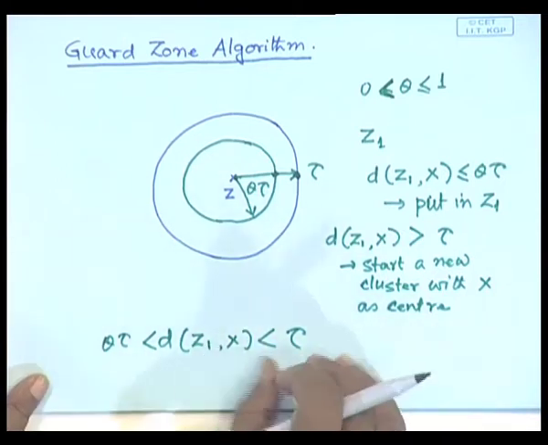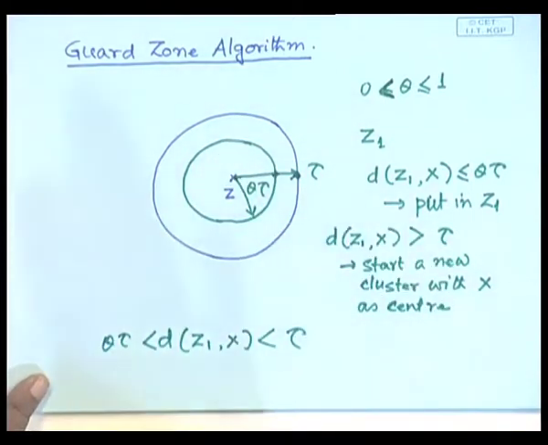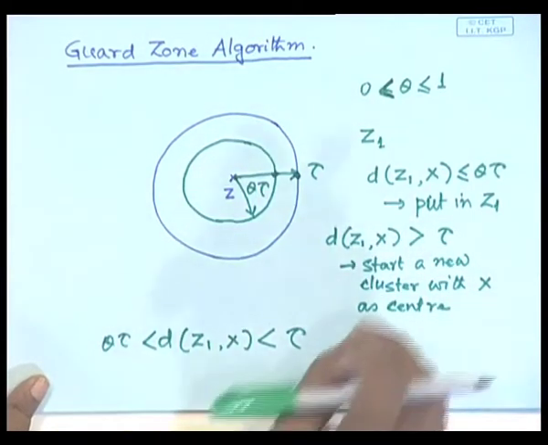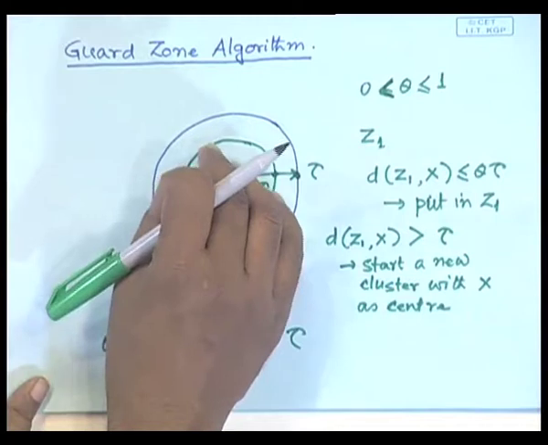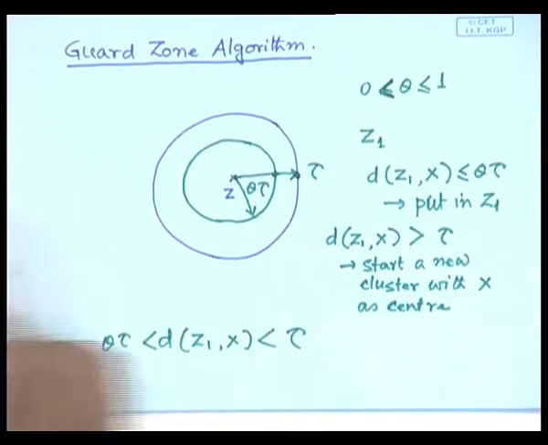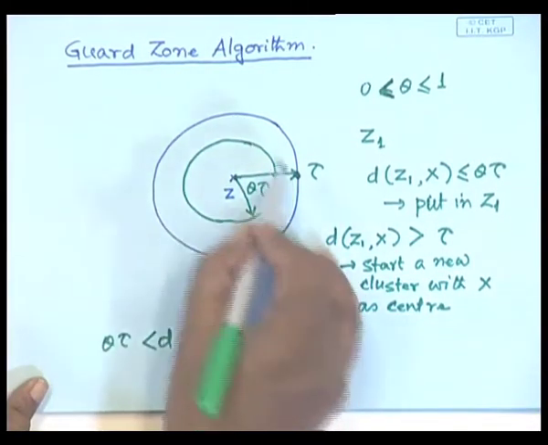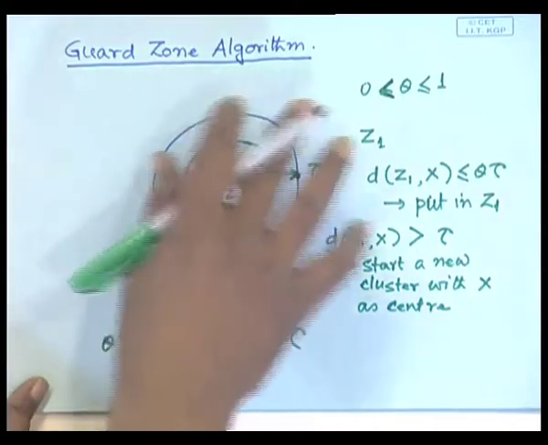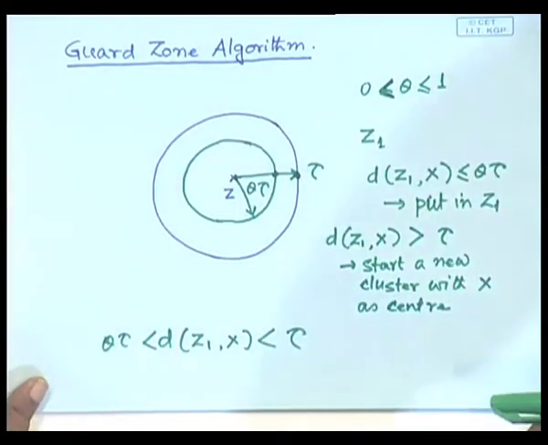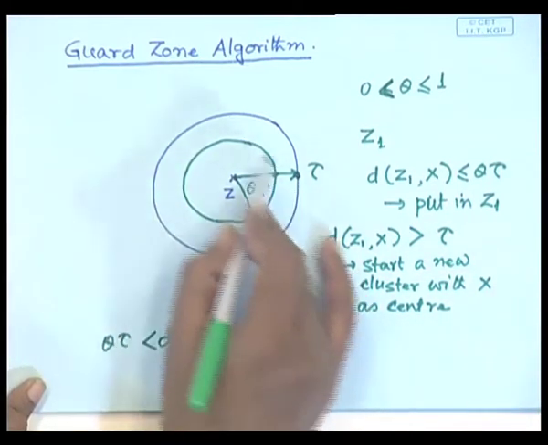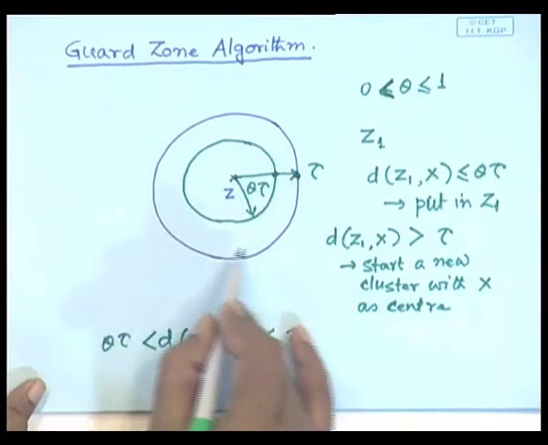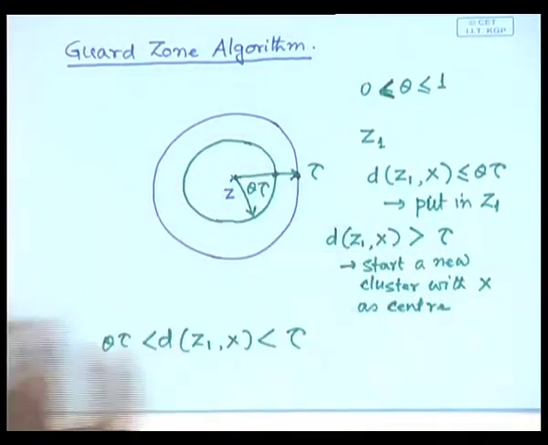Okay. So, like this, when all the feature vectors are considered, some of the feature vectors will be put into some of the clusters, and some of the feature vectors will be in what is called the guard zone of other clusters which are already formed. Then you can find out the number of points in the guard zone of a particular cluster.